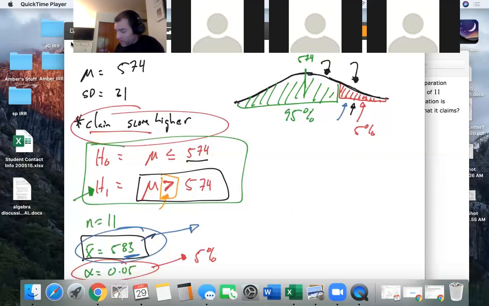Okay. So again, the really important thing here is I need to use this significance level, and the symbol for that is alpha, to figure out how much percentage I need to put in this area here, okay? And since this is 0.05, I know that it's going to be 5%.